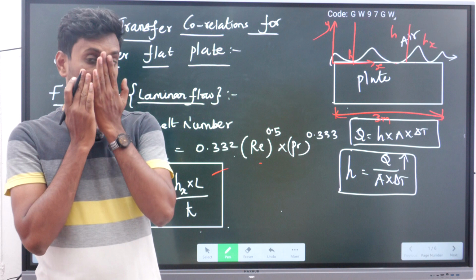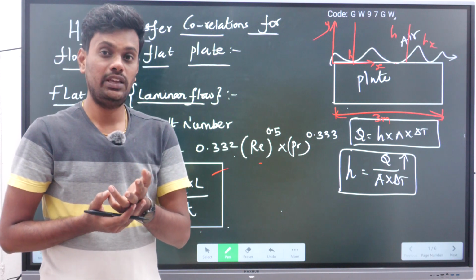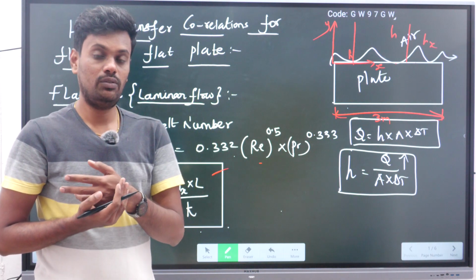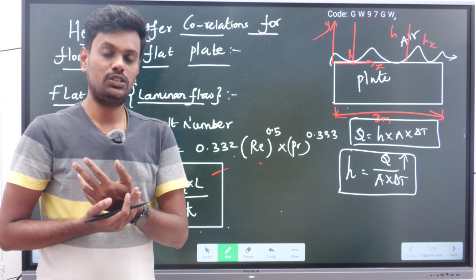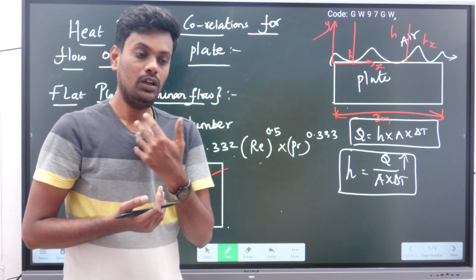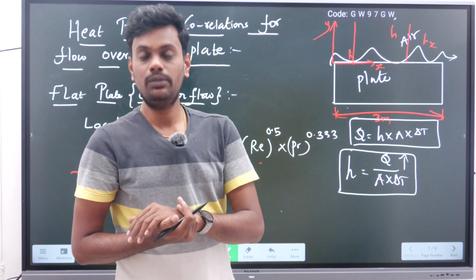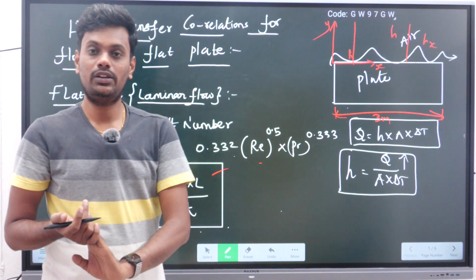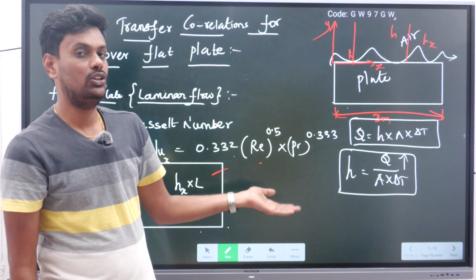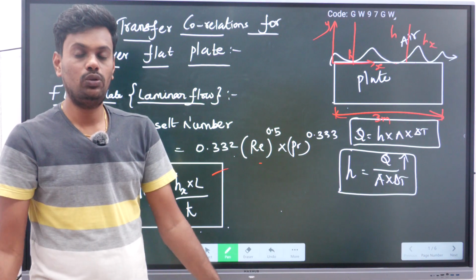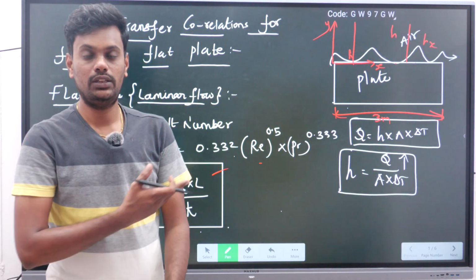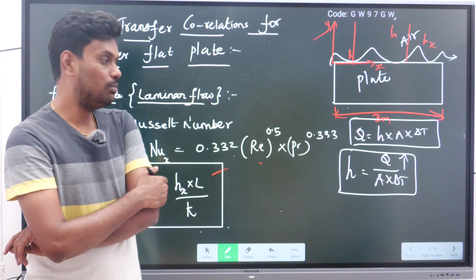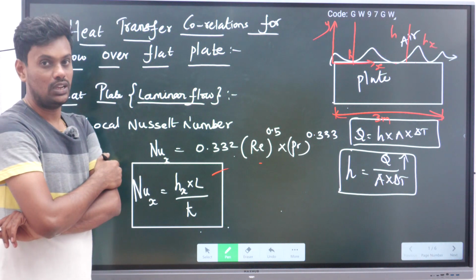So what is the formula for the Prandtl number? Mu into Cp by k, where mu is the viscosity, Cp is the specific heat of the particular liquid or any kind of object, and k is the thermal conductivity. Here we are talking about convection, so only air or liquid thermal conductivity we have to take in the Prandtl number. Then similarly we have to find out the Nusselt number also.